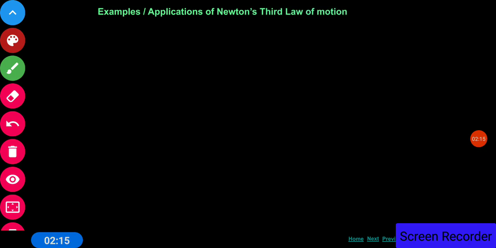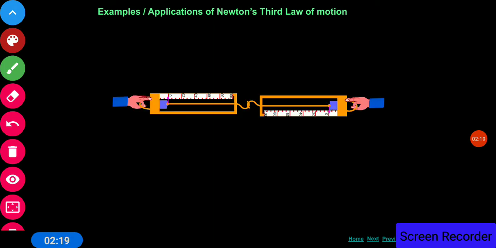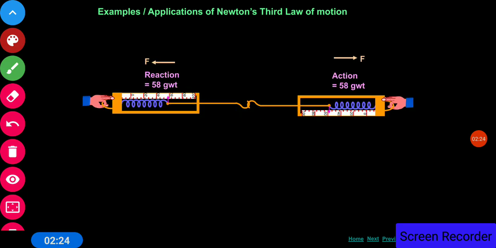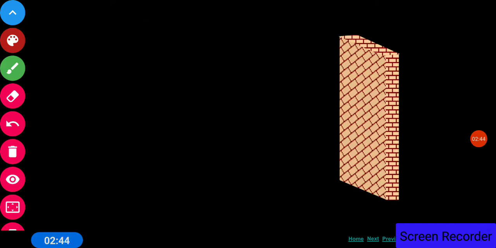Now, examples of applications of Newton's third law of motion. Let us tie two spring balances like this. If we pull both the spring balances with equal forces in opposite directions, then one force is the action and the other force is the reaction, and in this case both are equal to 58 grams weight.